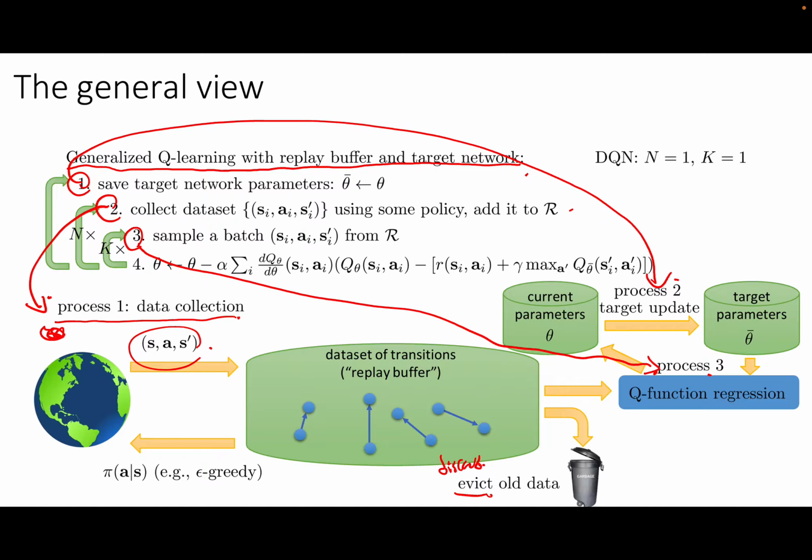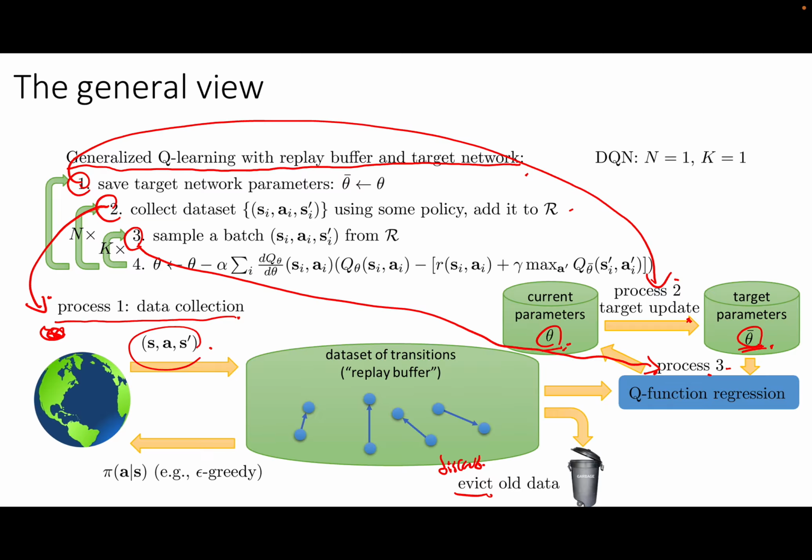And then we have a dedicated target parameter for getting the target of our Q learning function, denoted by theta bar, which is different from theta. And we update the target every n steps to address the moving target problem. And process three is we try to update our theta, the current parameter, where the target is from theta bar.